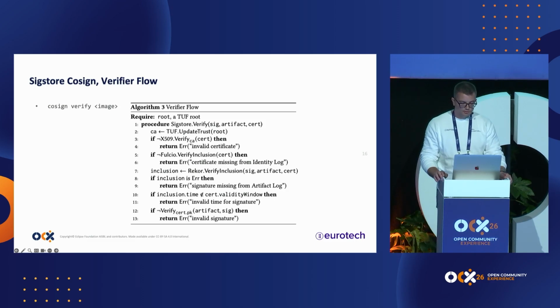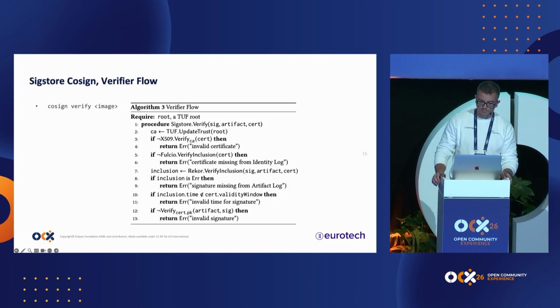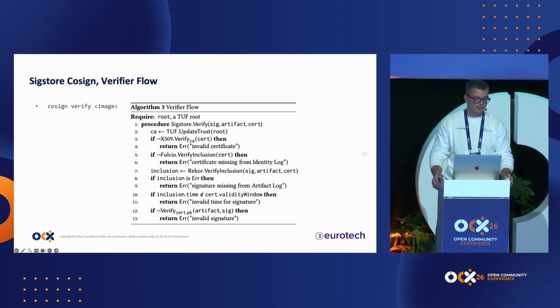A client first ensures that the trusted keys are fresh by updating their CA at line 2. Then, with an updated root of trust, the first check at line 5 ensures that the identity claim was correctly verified by the identity log. Line 7 checks that the signature provided matches the content of the signed artifact using Rekor.